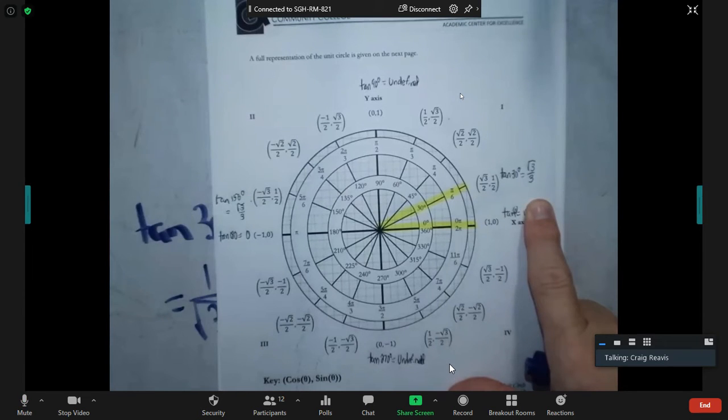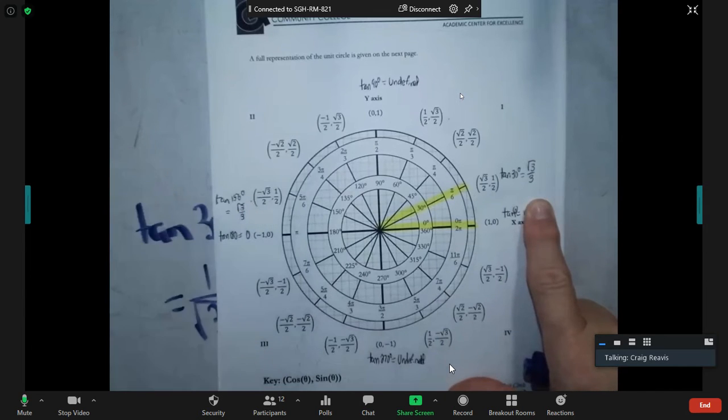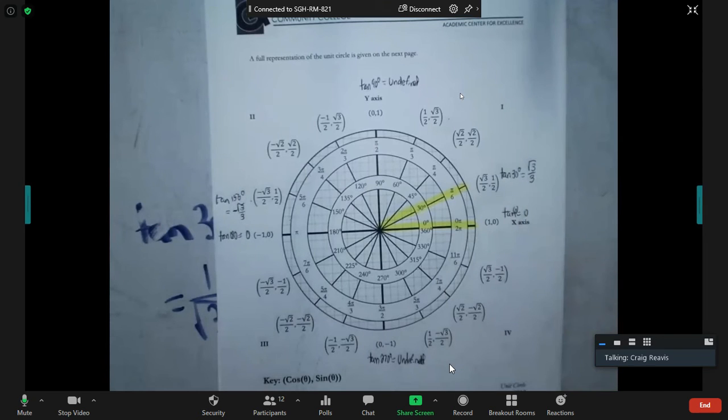Now, we have to worry about the sign, right? We had positive 1/2 over negative square root of 3 over 2. A positive over a negative simplifies to a negative. So I know that the tangent of 150 is going to be negative square root of 3 over 3, right? So when we have coordinates that have opposite signs, my tangent and cotangent are going to be negative.